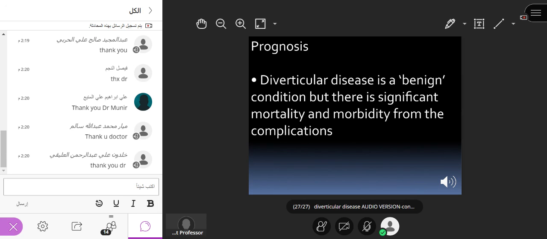Now, obstruction is an emergency. You will have all the features: distension of the abdomen, pain in the abdomen, nausea, vomiting, and constipation. So it is an emergency. You will not have time to prepare the gut, because your fecal matter cannot go out even by lavage or barium enema.